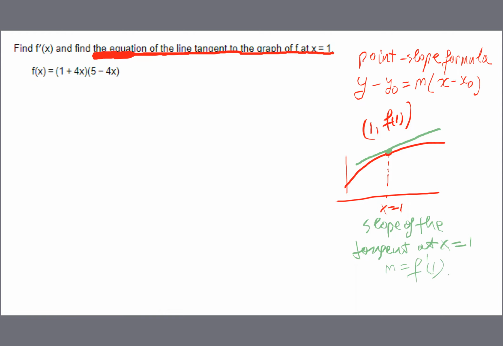So here we have the point, and here we have the slope. And this is the reason that we're asked to find f prime of x first, because we're going to need that to calculate the slope at x equals 1. All right, so we're ready to go.